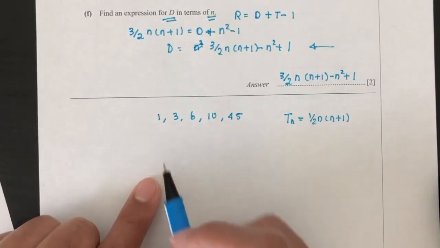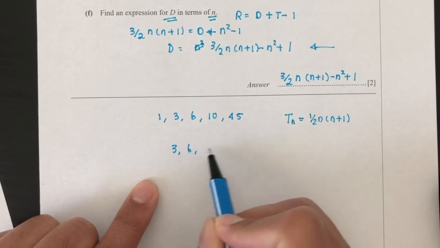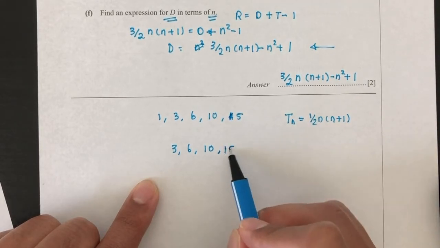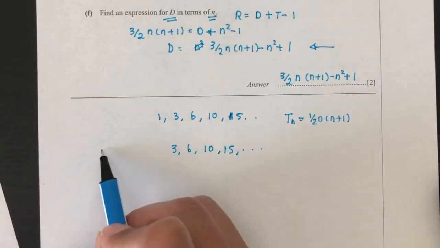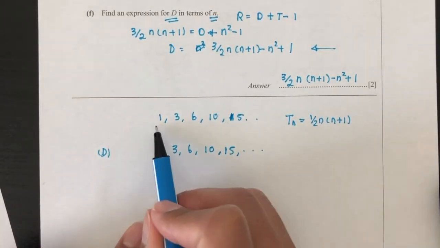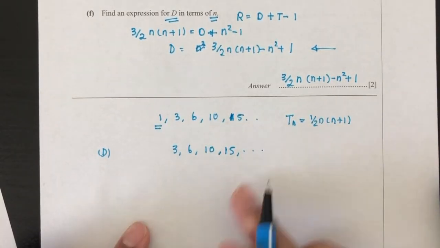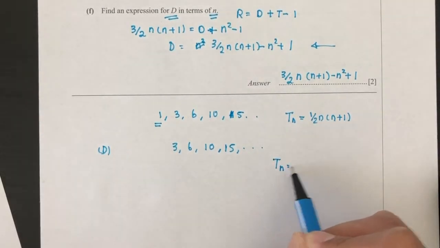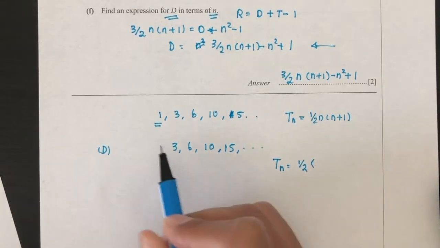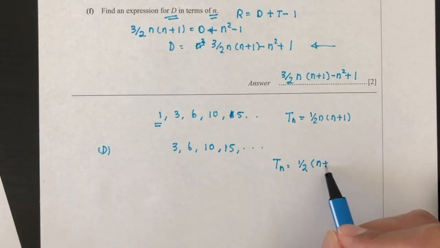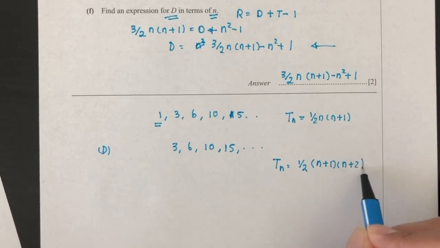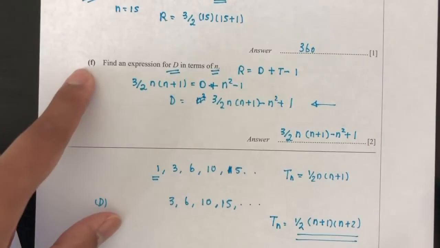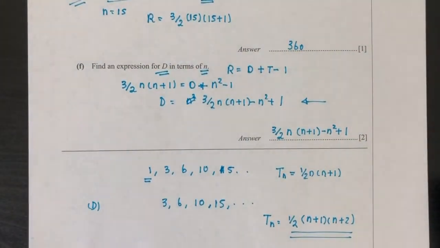So the sequence for D is only missing the first term, which we don't have in D. So in that case, you can also write the term for D as half n times n plus 2, because you have to shift each of them. So it could be this one as well. This could be your answer for part F. Okay, that is question number 2.